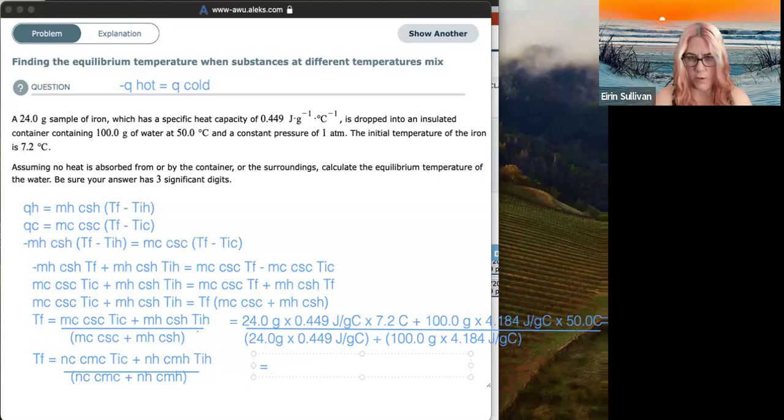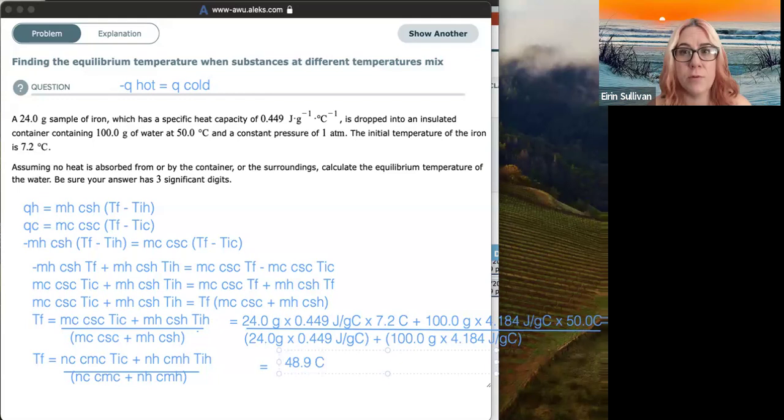Let me try again. I should really pause this one, trying to make my calculator work. 24 times 0.449 times 7.2 plus... I'm going to pause this because this is boring for you. Okay, it definitely took me a couple of attempts to make my phone calculator get that. It's much better on my own calculator, but I got 48.9 to 3 sig figs degrees Celsius.